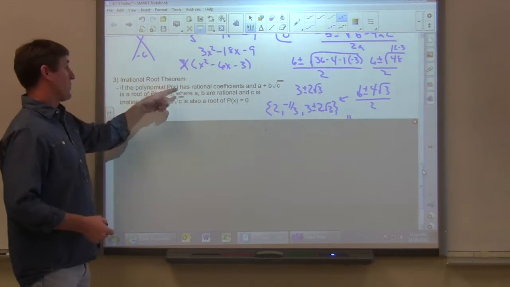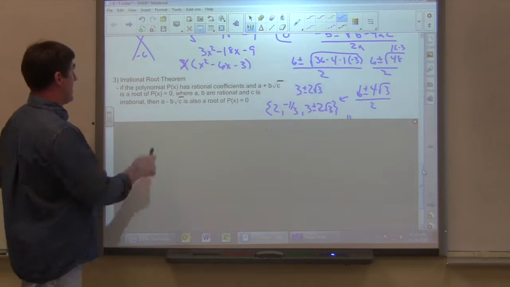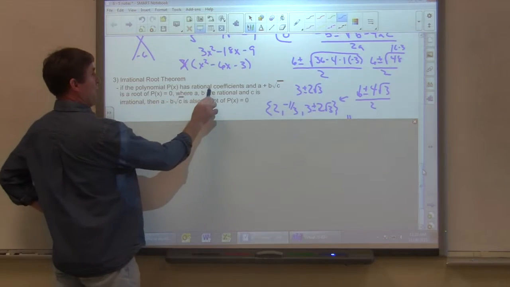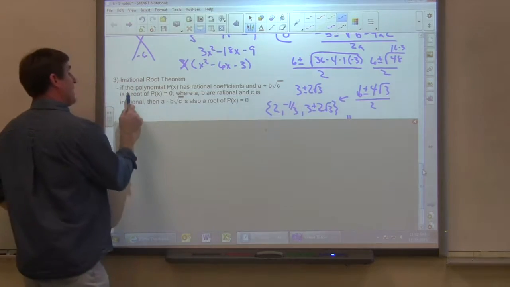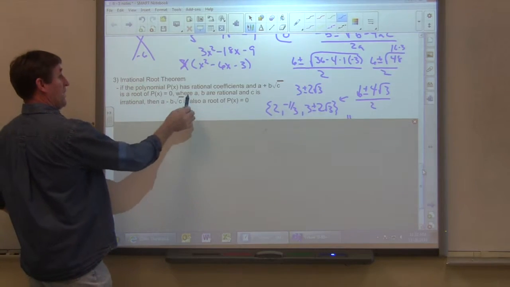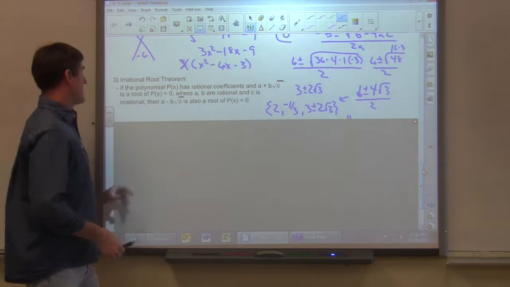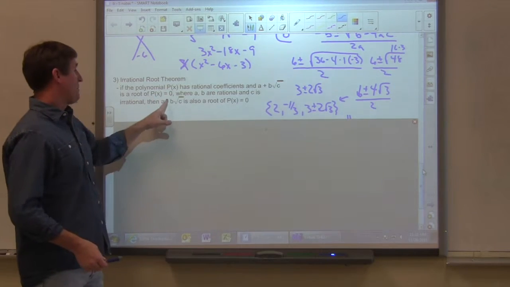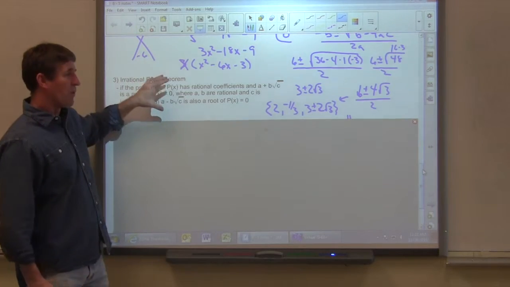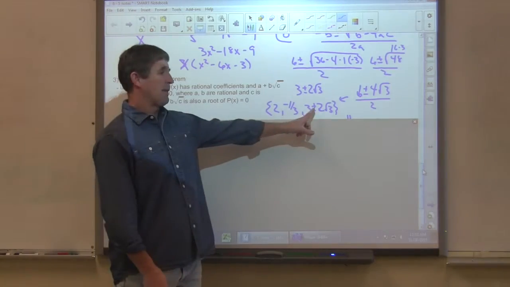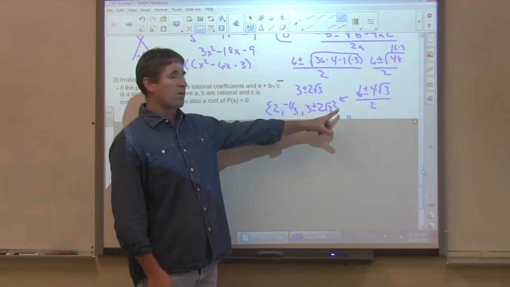The irrational root theorem is the other thing we said we'd define. If the polynomial p of x has rational coefficients, and a plus b square root of c is a root of p of x equals 0, where a and b are rational and c is irrational, then a minus b square root of c is also a root. So, a lot of words. The biggest thing is, it's because we get plus or minus the square root.